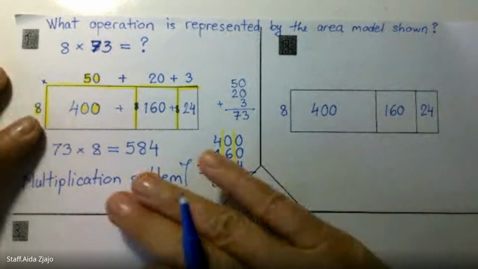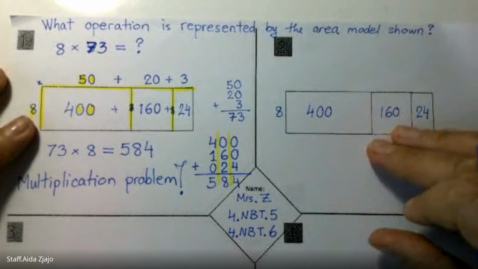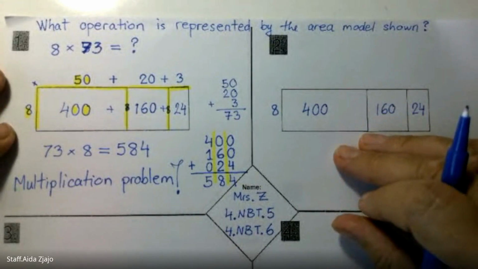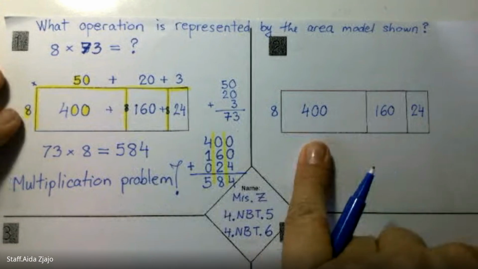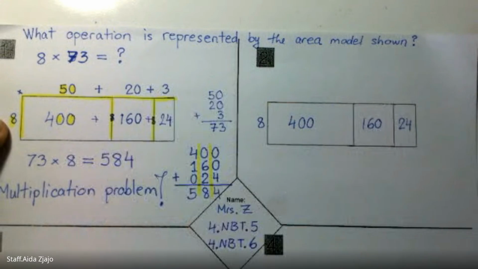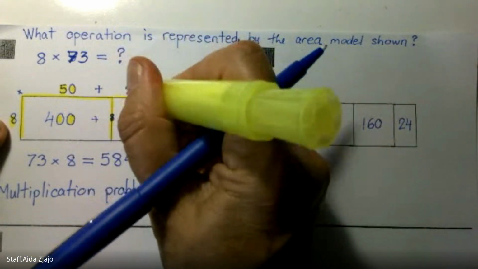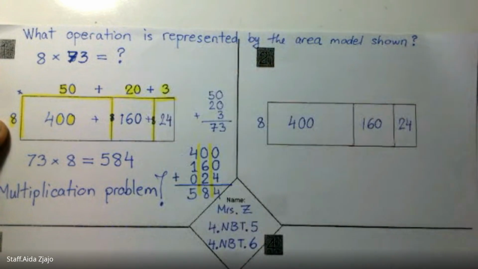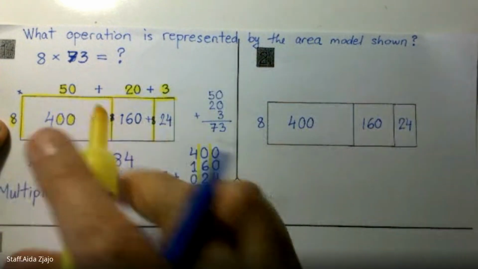Now, we're going to do the same thing, but look at how this was different from this. Remember, here you already had these numbers, 50, 20, and 3, and we didn't have a number in the middle.